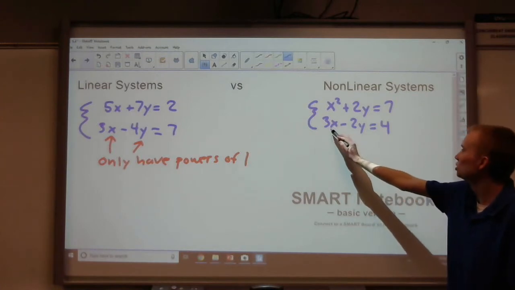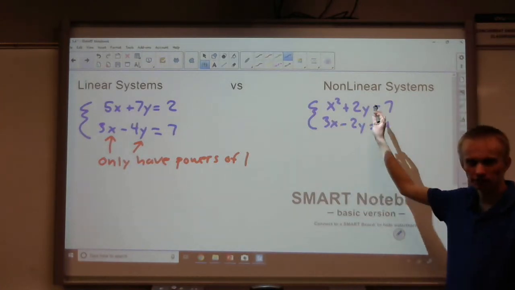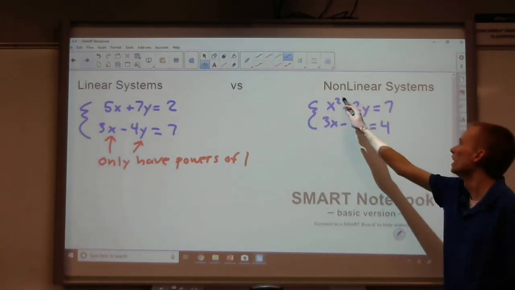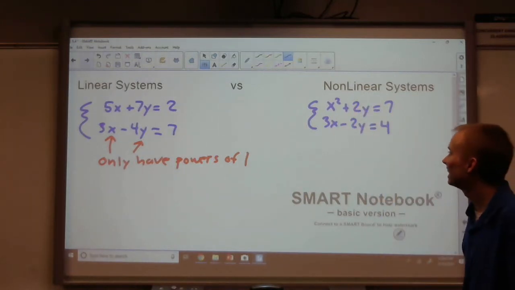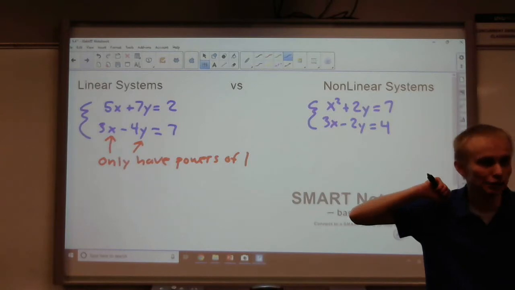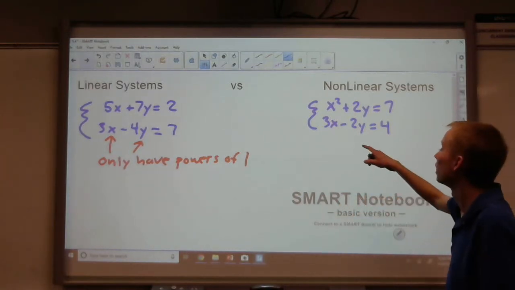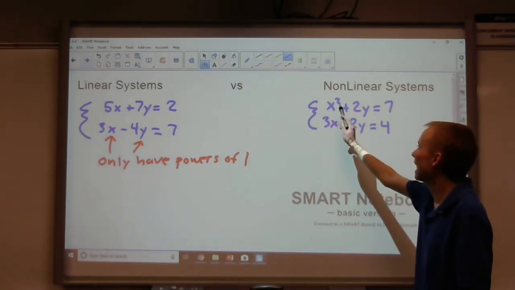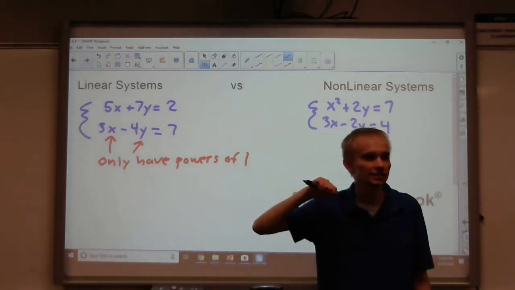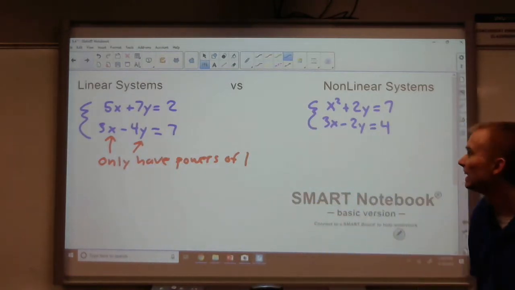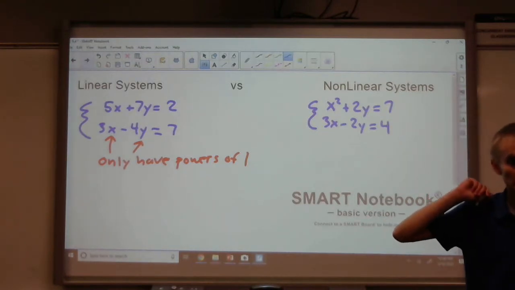You'll notice this one is linear, but this one is not linear. In order to be a linear system, all the equations have to be linear, not just 1, okay? So whenever you have a power bigger than 1 on one of the variables, it's a nonlinear system, okay?